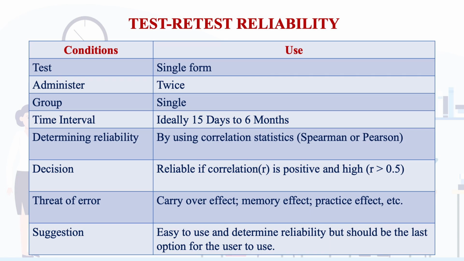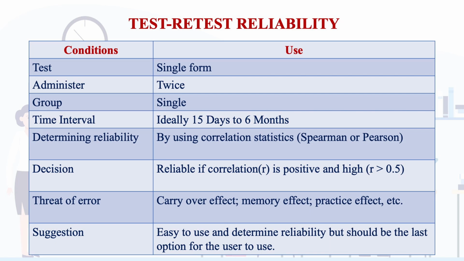That means the test will be administered first, and the same test will be re-administered after a gap of time. That will be the retest. So the very meaning of this method is that the test will be administered twice.